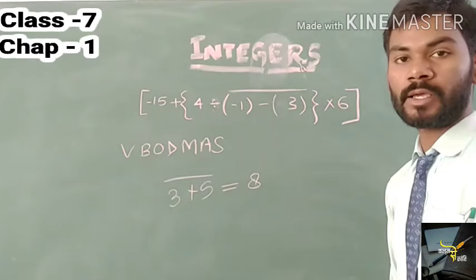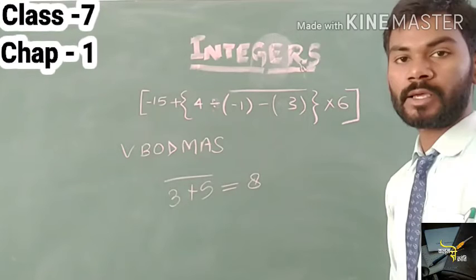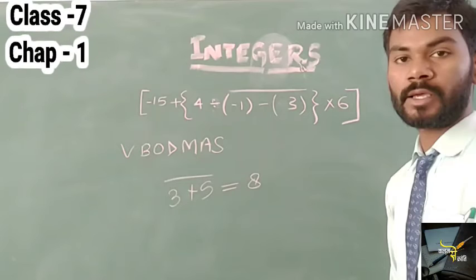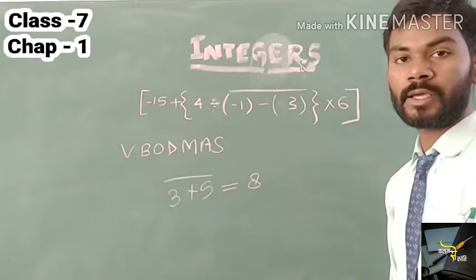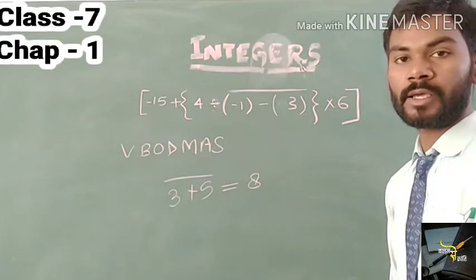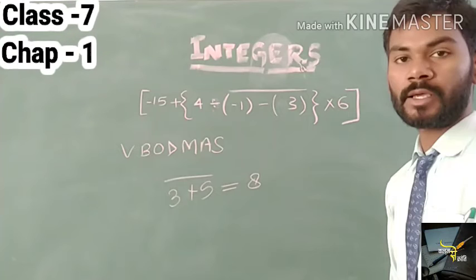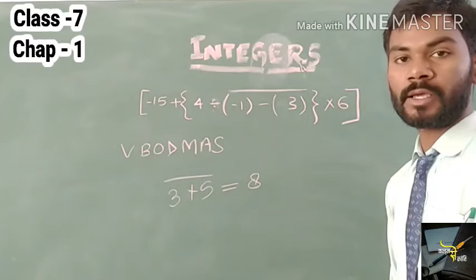So here we have 60 multiplied by minus 3 bracket close divided over, here we have 45 upon minus 15.